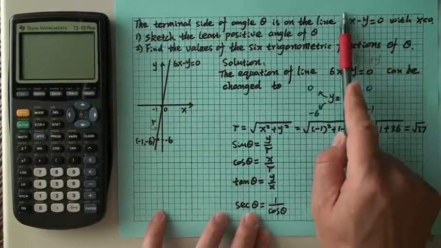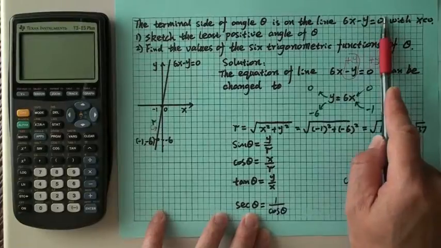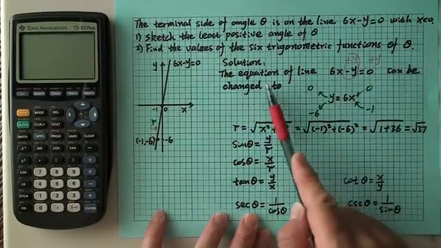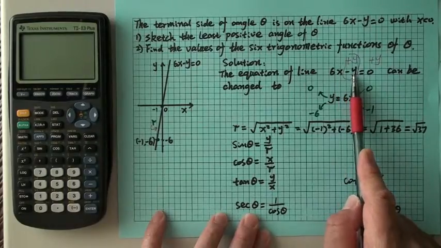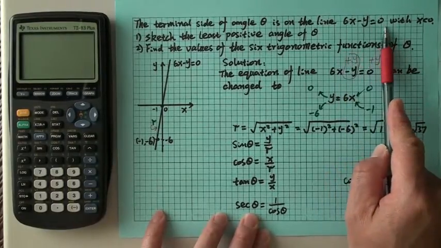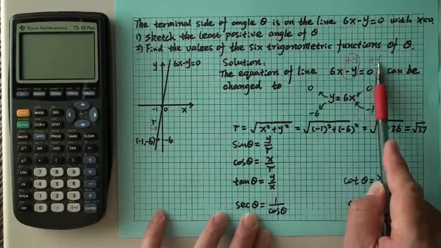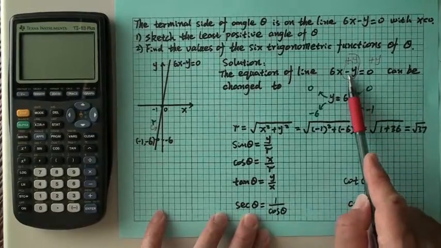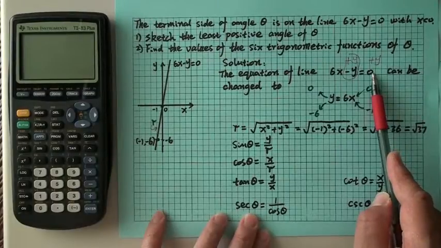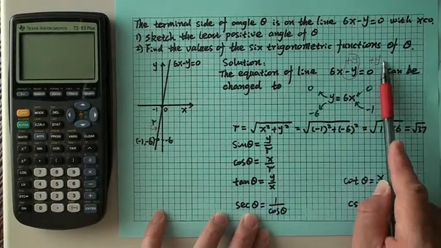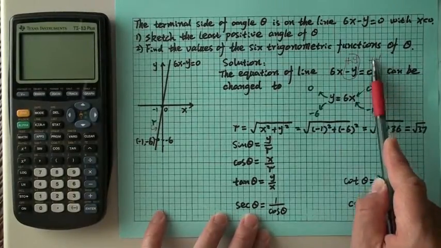Now let's look at this equation of the line. The equation of the line is 6x minus y equals 0. If we add y to both sides, negative y and positive y cancel each other, and the right-hand side is 0 plus y, so it has only y left.